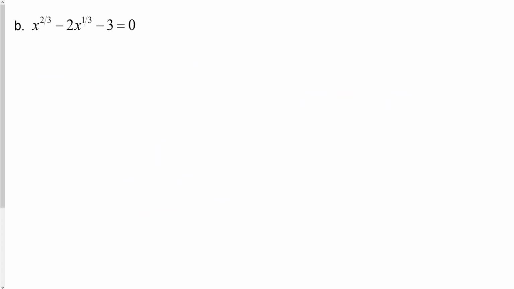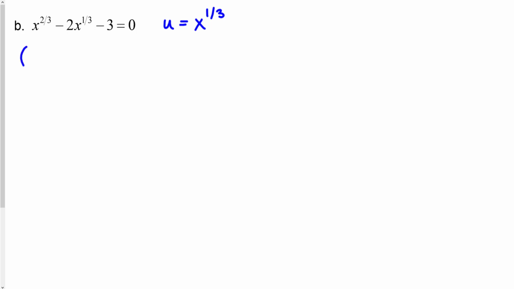B, x to the 2/3 power minus 2x to the 1/3 power minus 3 equals 0. So this is a similar situation, but we want to use u equals x to the 1/3 power as our substitution.